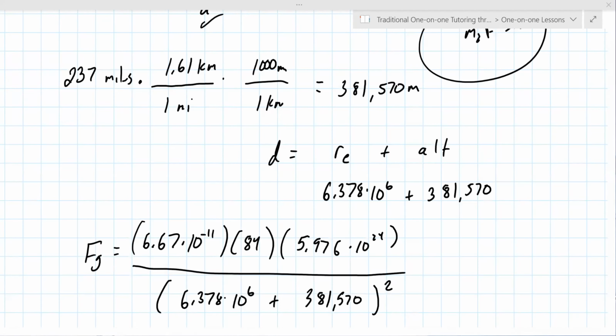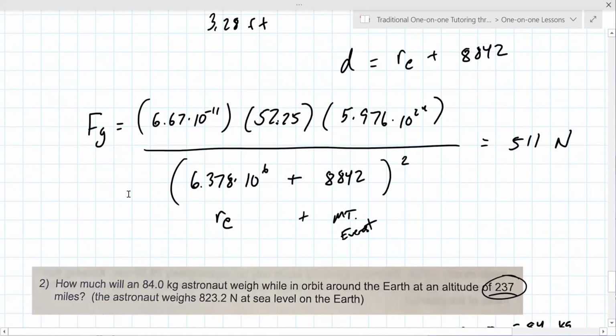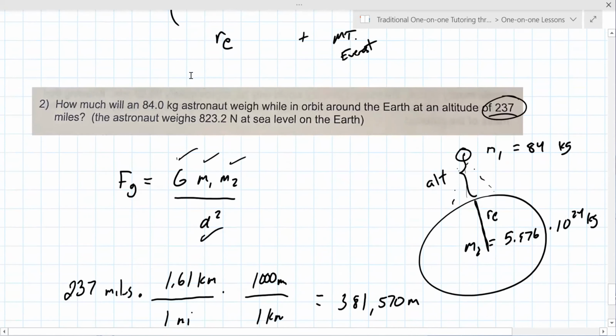That is not what this question is asking for, but we need that number. So that number ends up being 733, I guess. Yeah, so 733.